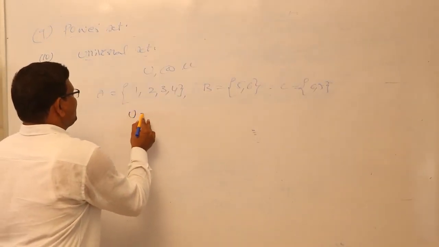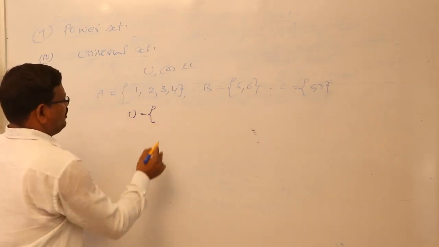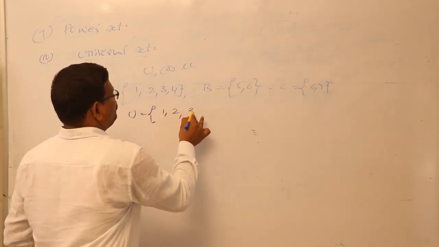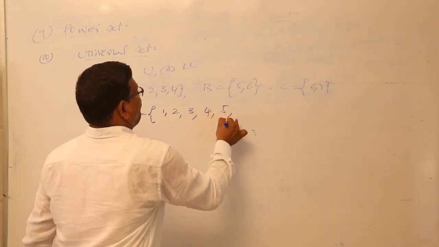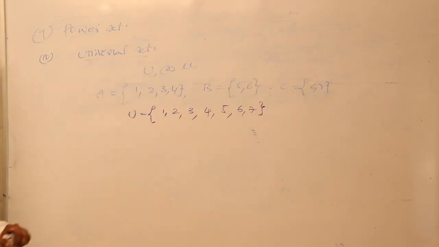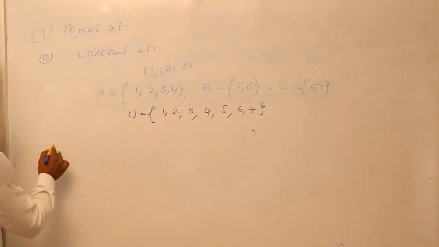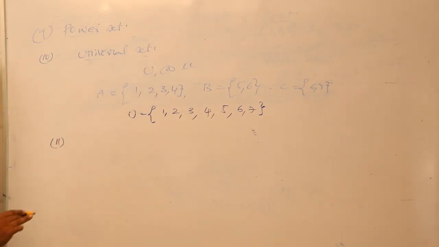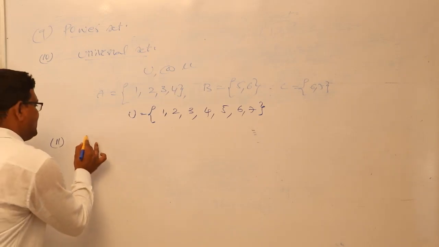The universal set is denoted with 1, 2, 3, 4, 5, 6, 7. Next, what is meant by disjoint sets?